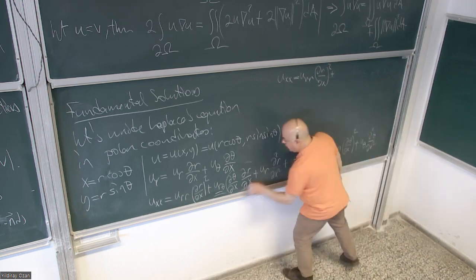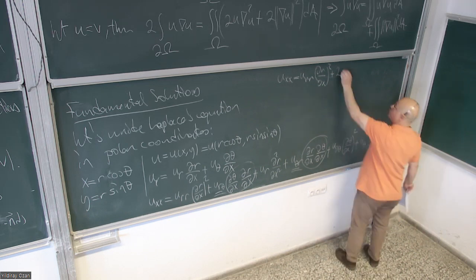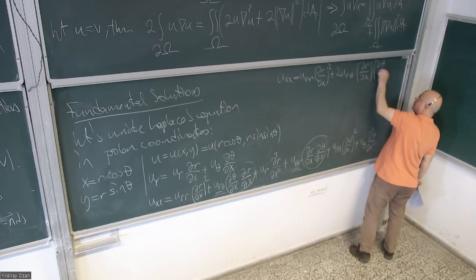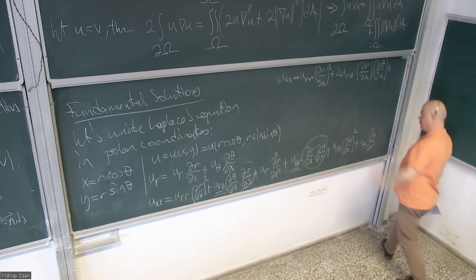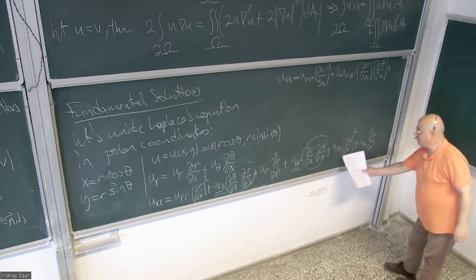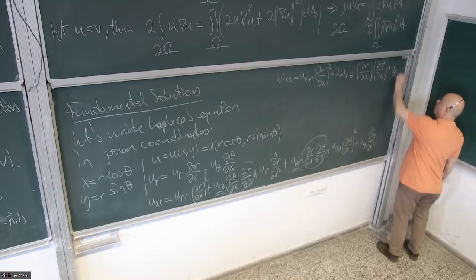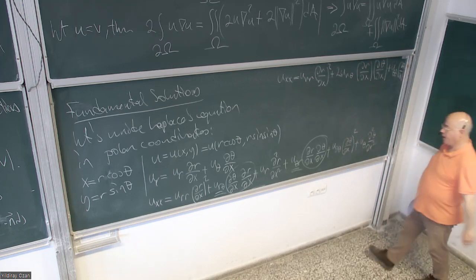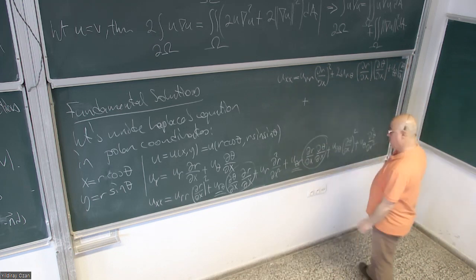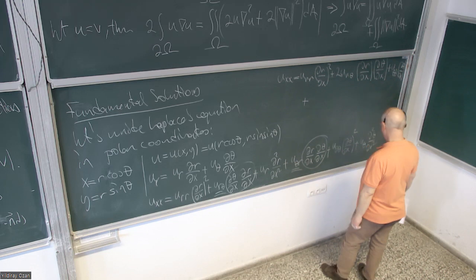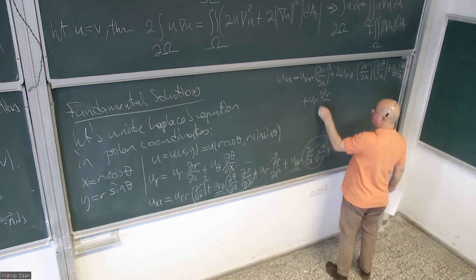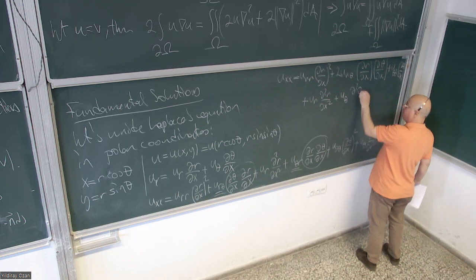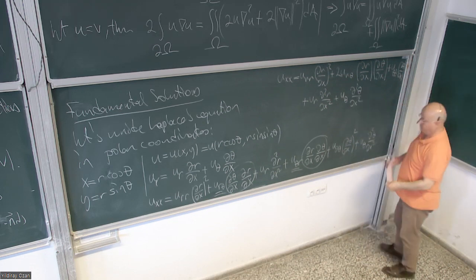These are the same, therefore we have just 2 times u sub r theta del r del x del theta del x, plus u sub theta theta del theta del x squared, and then I also have u sub r del squared r del x squared plus u sub theta del squared theta del x squared. Okay.